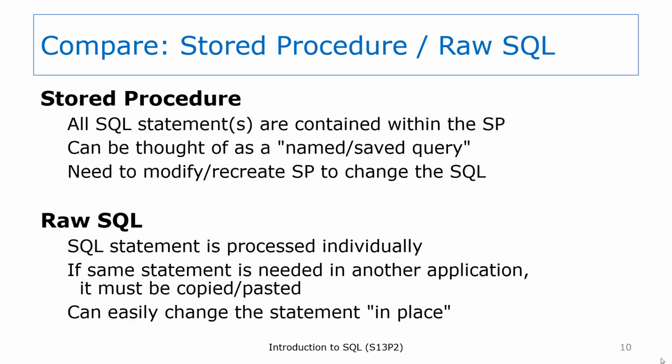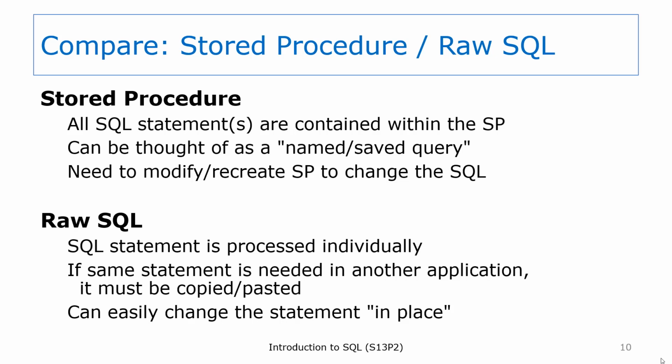Now that you've seen the complete process of creating and running a stored procedure, let's compare a stored procedure to the other techniques that you've seen in this course. First, we'll compare a stored procedure to what I'll call raw SQL, which means an SQL statement by itself. In a stored procedure, all of the SQL statements are contained within the stored procedure.